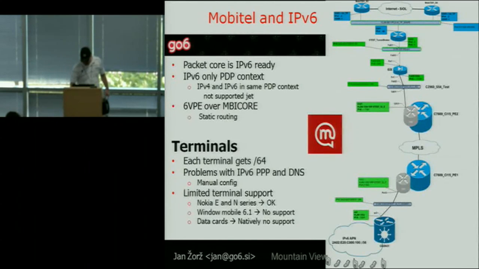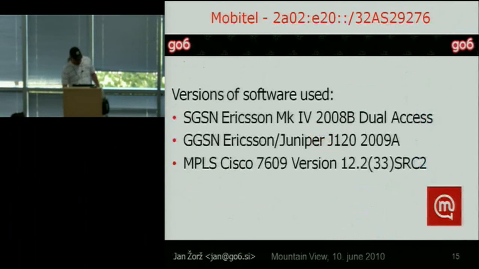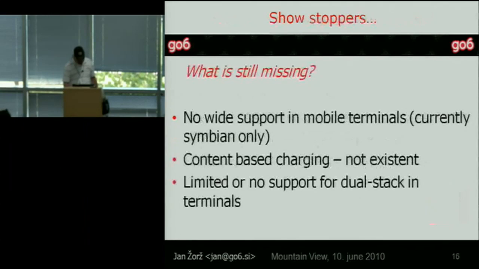Nokia E and N series are okay. Windows Mobile, no support. Data cards natively, no support. Versions used: this is Ericsson stuff, SGSN and GGSN, and MPLS Cisco version 12.2. So this is what we have been doing in Slovenia. What is still missing? There's no wide support in mobile terminals currently.